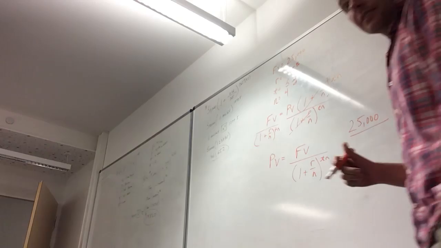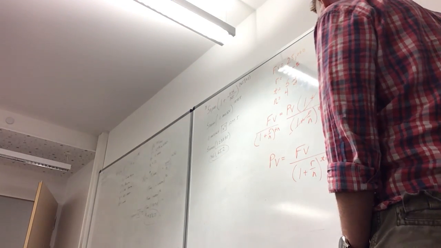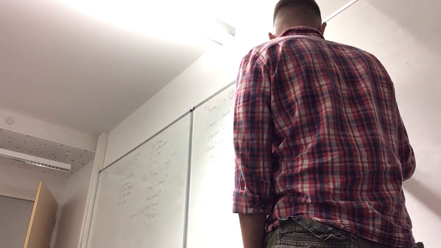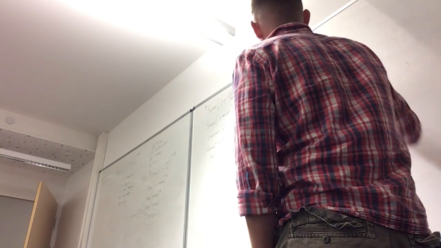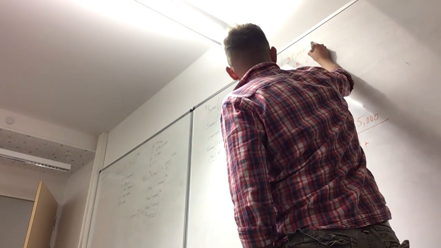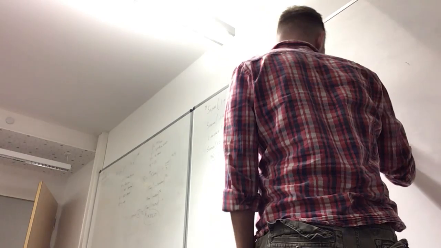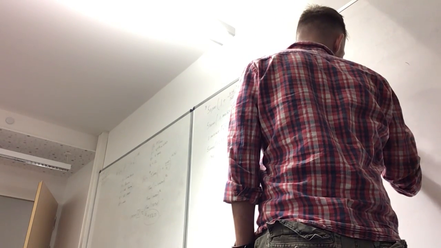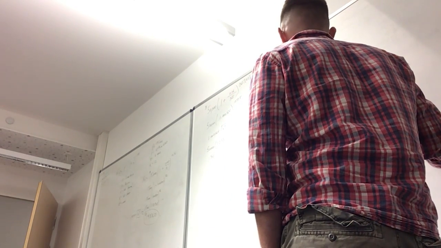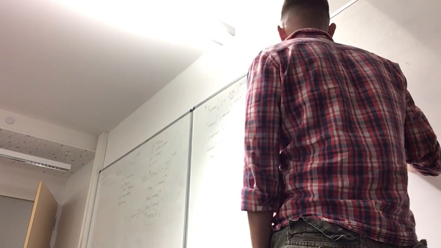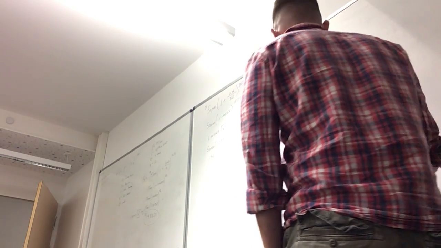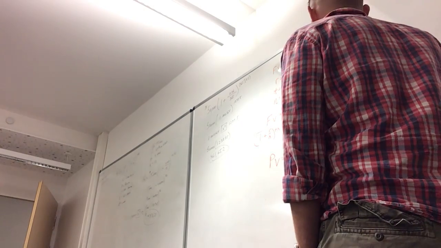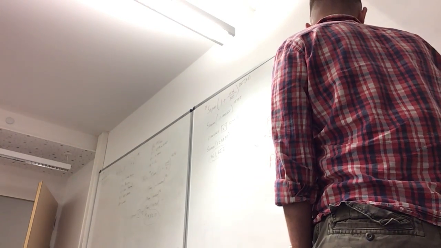Over 1 plus r, which is 0.075, divided by 4, to the 5 times 4 power.